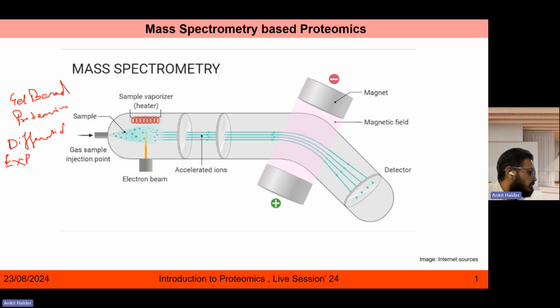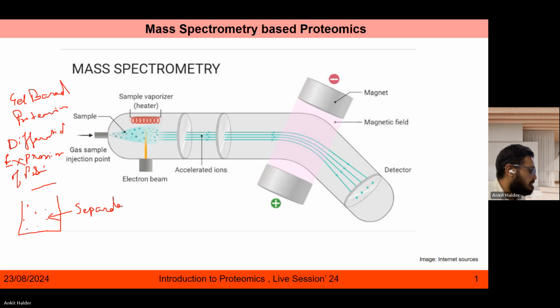What we had done is that, to understand the differential expression of proteins through the method of gel, we were separating them. So the idea remains the same: we need to separate the proteins.